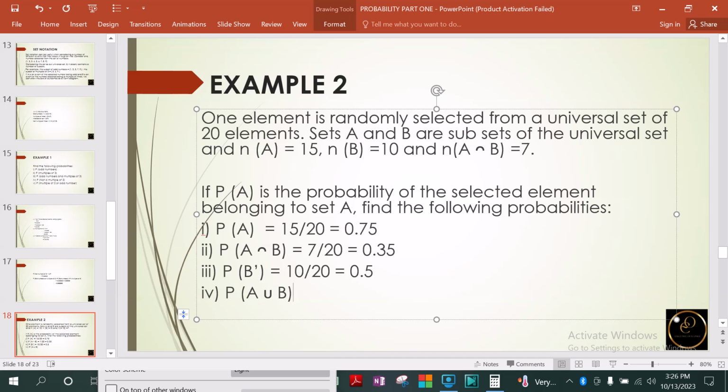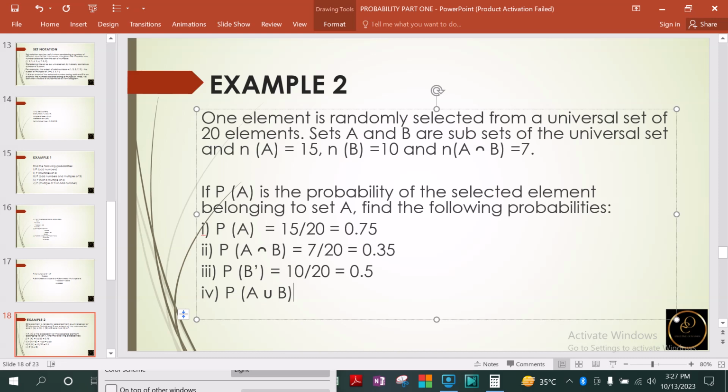So for A union B, you have 15 under A, we have 10 under B, and 7 of them are common between A and B. So meaning that if you look at the 10 here, which covers 7 here, what is remaining out of that is only 8.